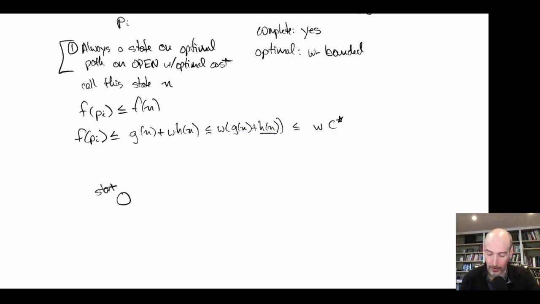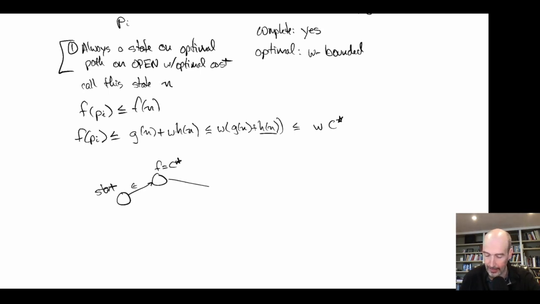So we have the start, and what we need is a very small edge cost, maybe even a 0 edge cost or some small epsilon edge cost. And then what we need to see here is the f cost of this state to be equal to c star. So I have a very small edge cost, and then I get a state that is on the optimal solution, but the f cost is exactly the cost to get to the goal.